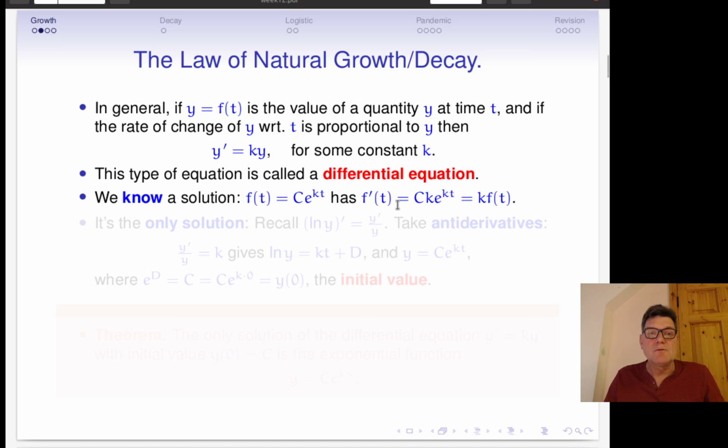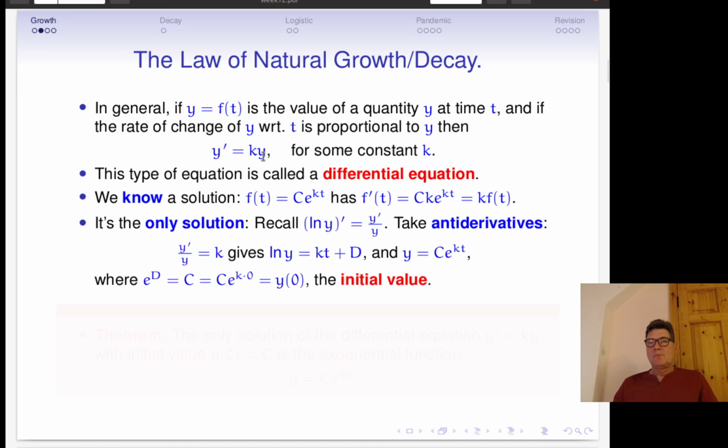This is a solution to the differential equation y prime equals k times y that we know from this course. In fact, this is the only solution.